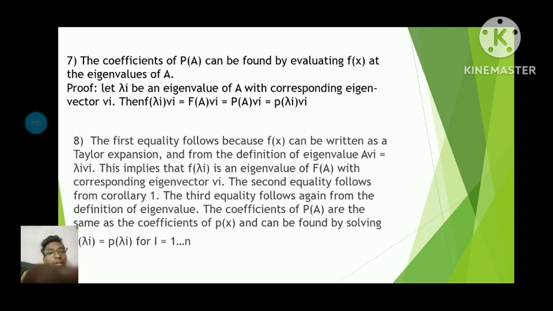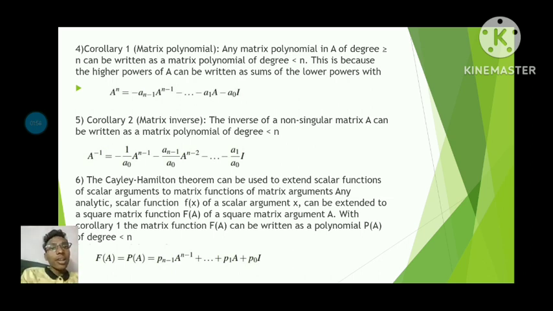Now we see corollary 1, which is a matrix polynomial. Fourth equation. Any matrix polynomial in A of degree greater than or equal to n can be written as a matrix polynomial of degree less than n.